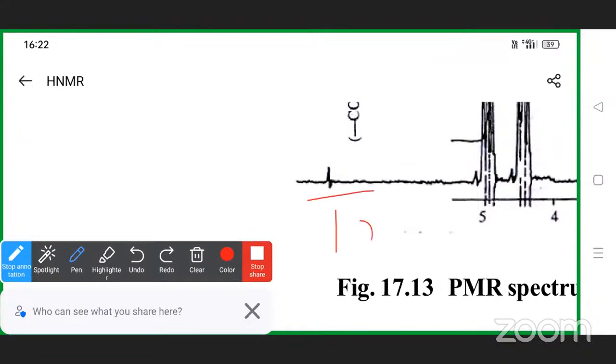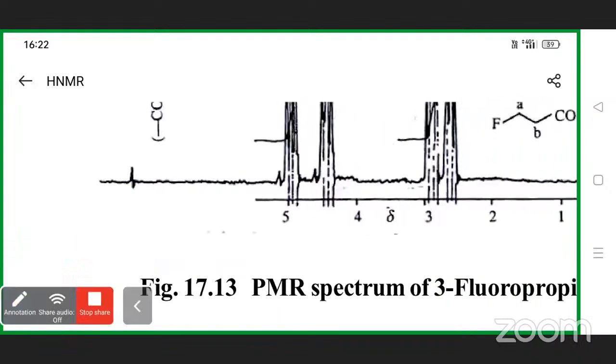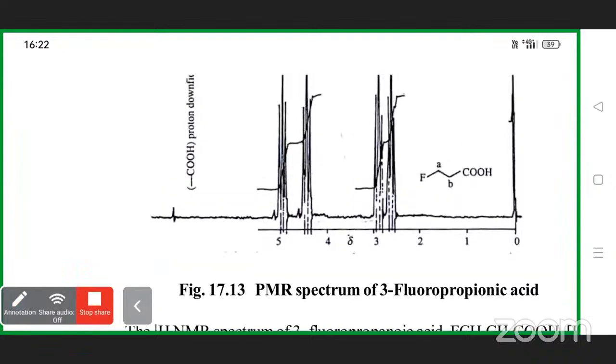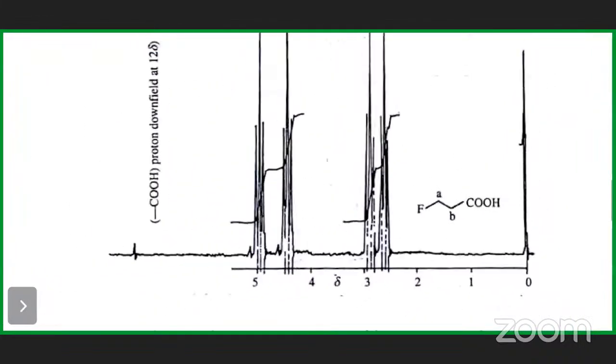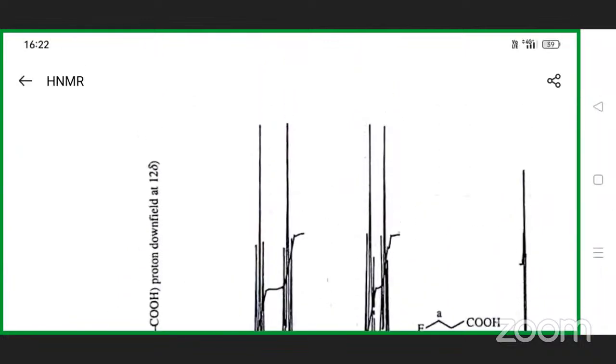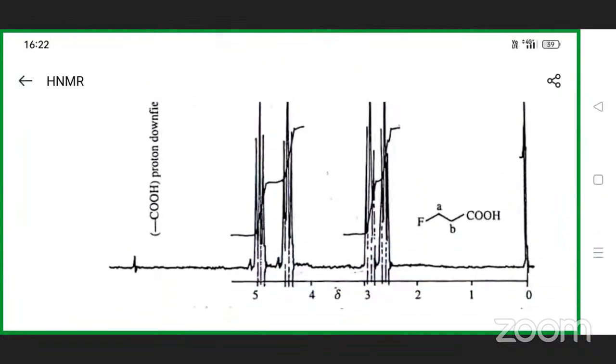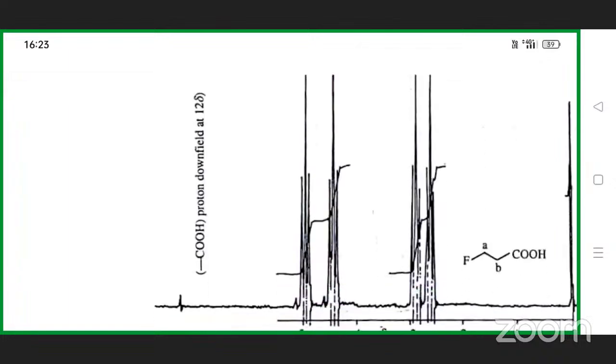This is the singlet for the carboxylic acid. And so here we are getting the triplets and triplets.